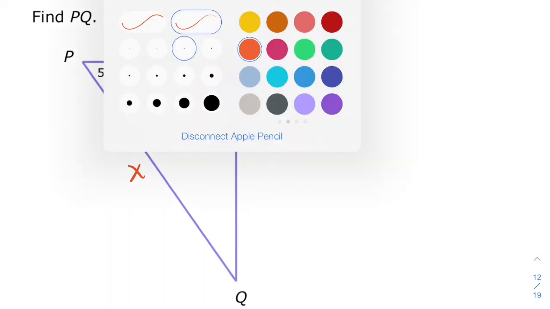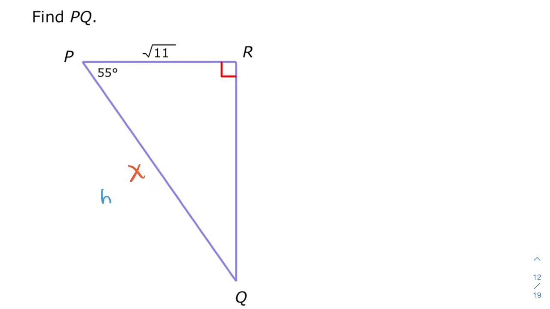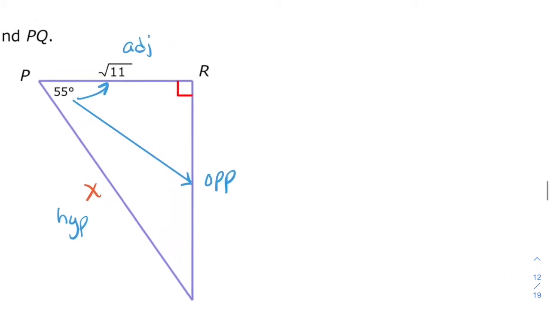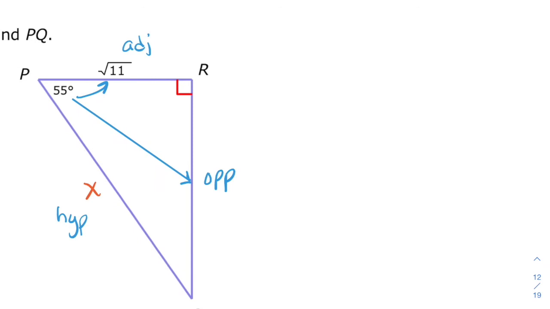PQ. This appears to be my hypotenuse, so it's going to be either sine or cosine, okay? This appears to be my adjacent side. Look how close it is. And then this is my opposite side that has nothing here, okay? So we're not using the opposite, we're using the adjacent and the hypotenuse.